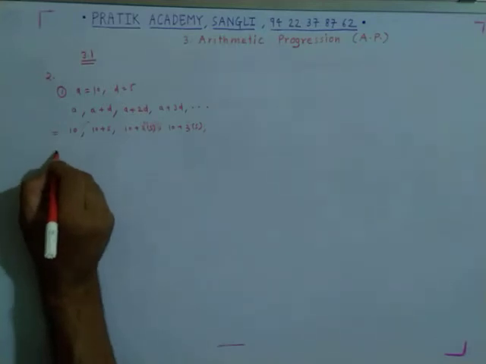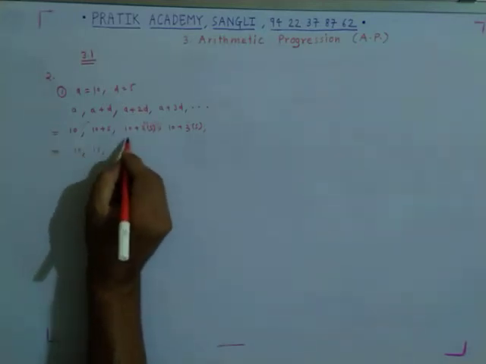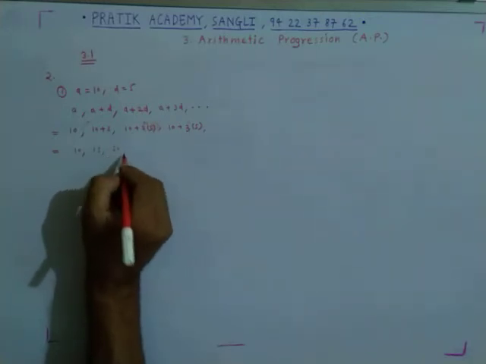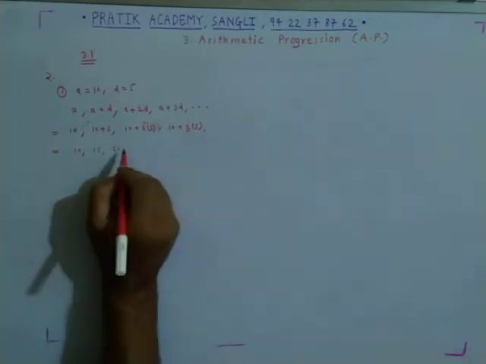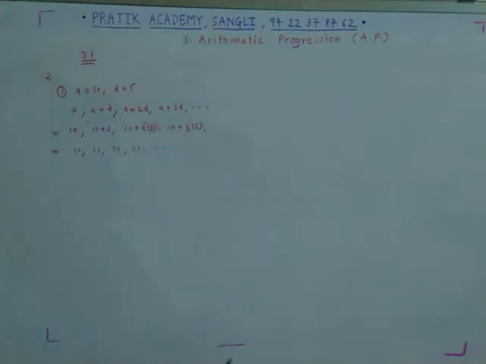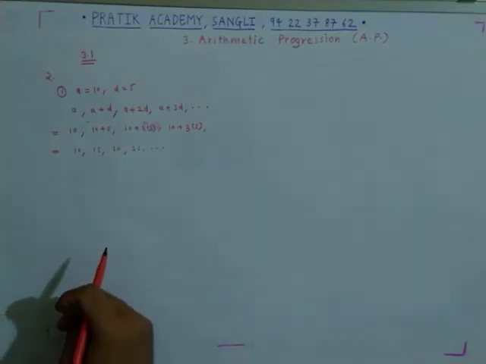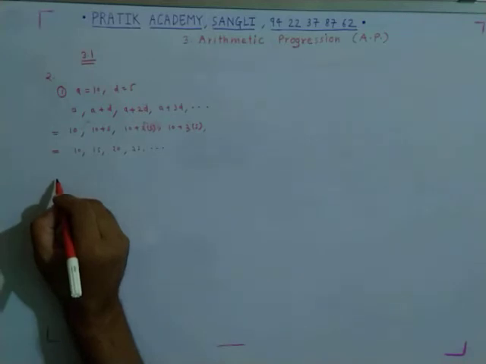So here is coming 10, 10 plus 5 is 15, 10 plus 10 is 20, 10 plus 15 is 25. So the required sequence is 10, 15, 20, 25. Then we will go for problem number 4.